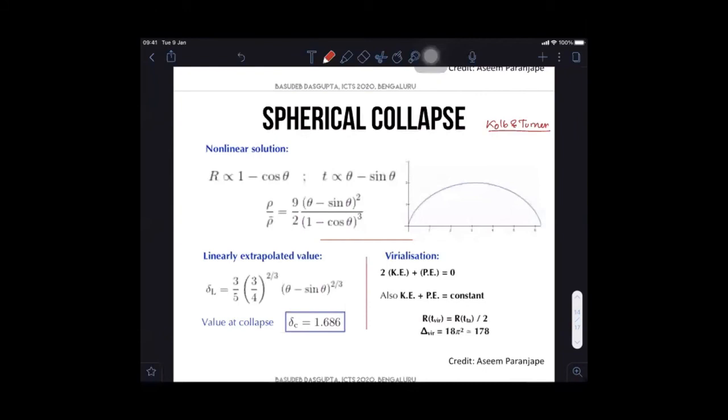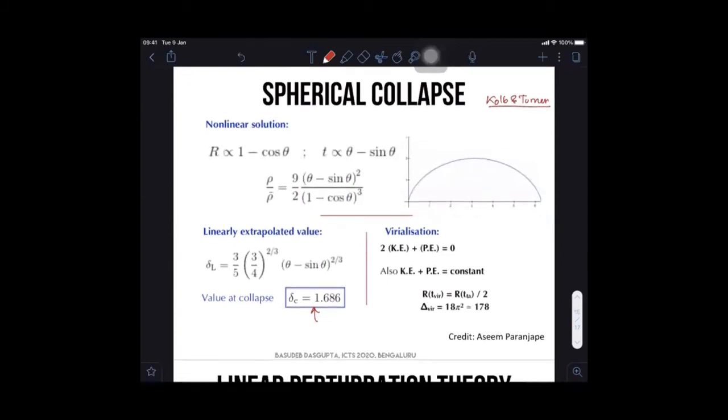This number is computed in the specific case of spherical collapse, but then is used fairly generally, even where spherical collapse is not exactly applicable. Okay, so I stole these slides from my good friend Aseem Paranjape, who's the expert. But the main point I want to make here is that there is this simple theory called spherical collapse, which you can solve analytically. But in most cases you can't.